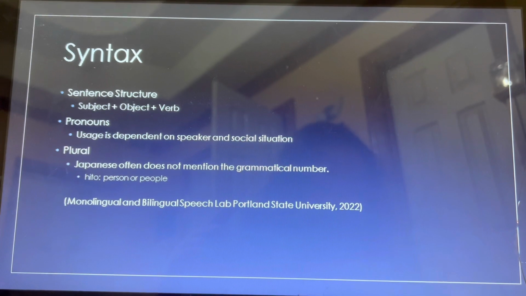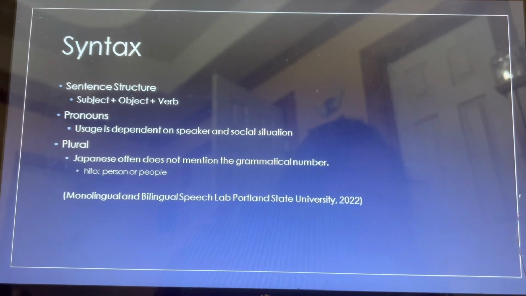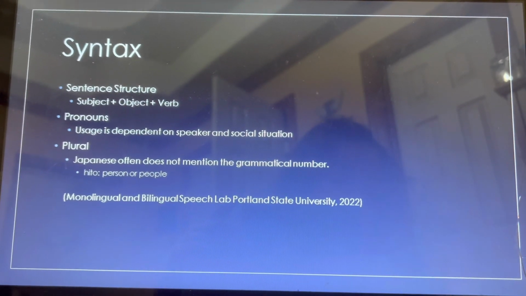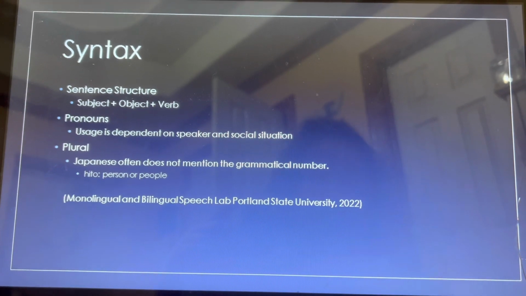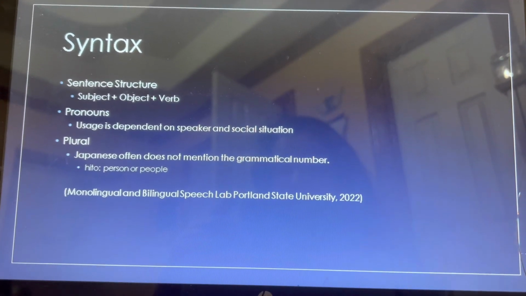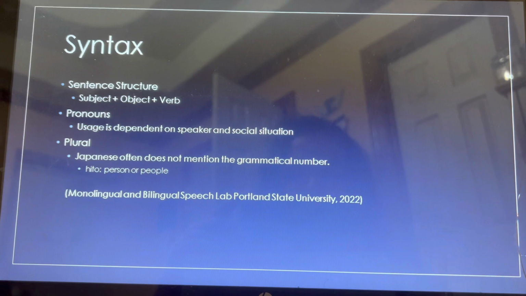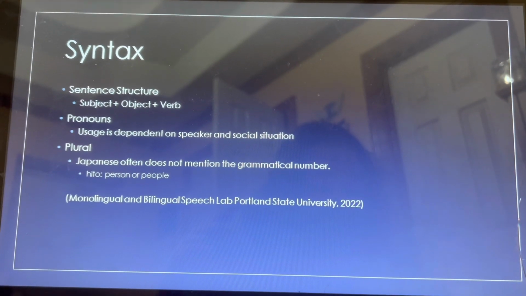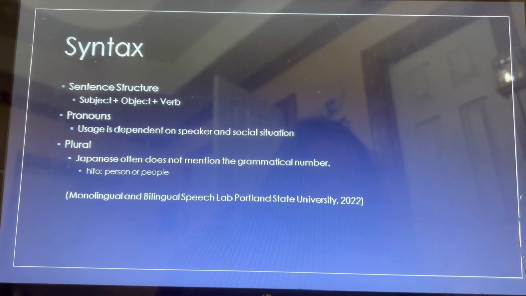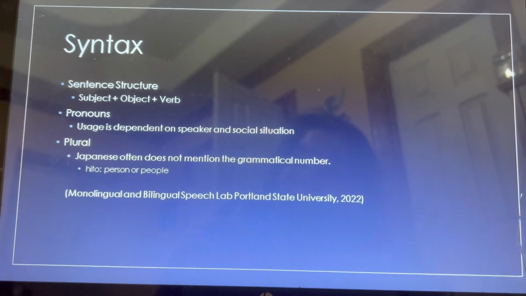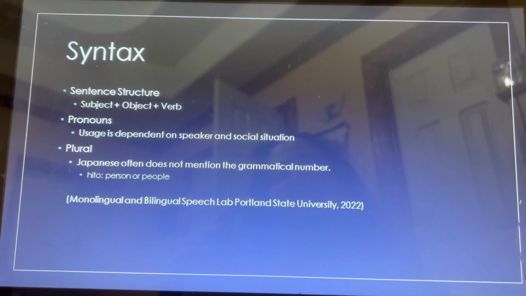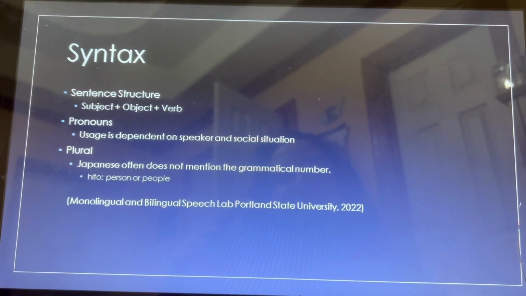Lastly, in this section, I will talk about the plural form in Japanese. So in English, we usually add an S, or we maybe change the word completely when we're making it into a plural. However, that's not the case in Japanese. In Japanese, they really don't change much.